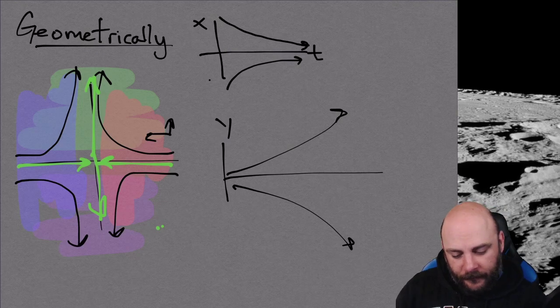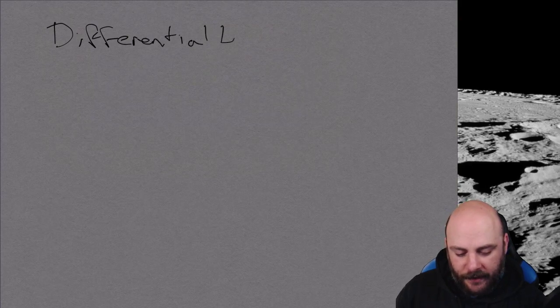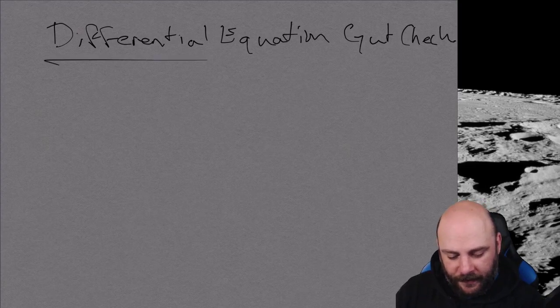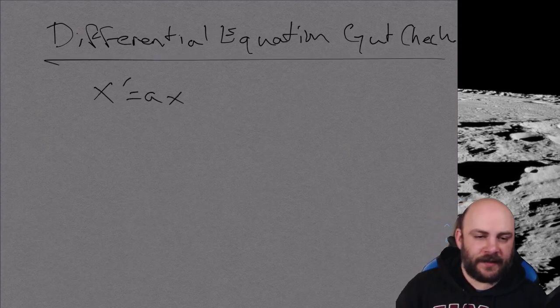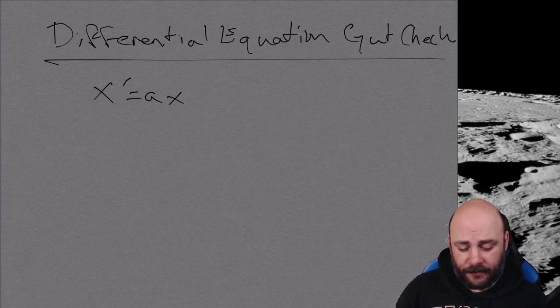Another place to get some intuition from is from differential equations directly. A differential equation gut check is what I can call this. We think about this with the simplest differential equation I asked us to solve that wasn't a calculus problem, x prime equals ax.